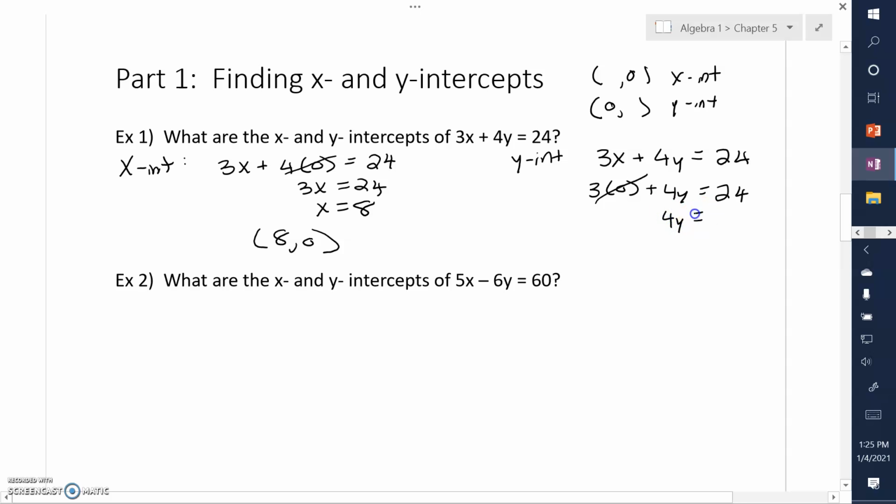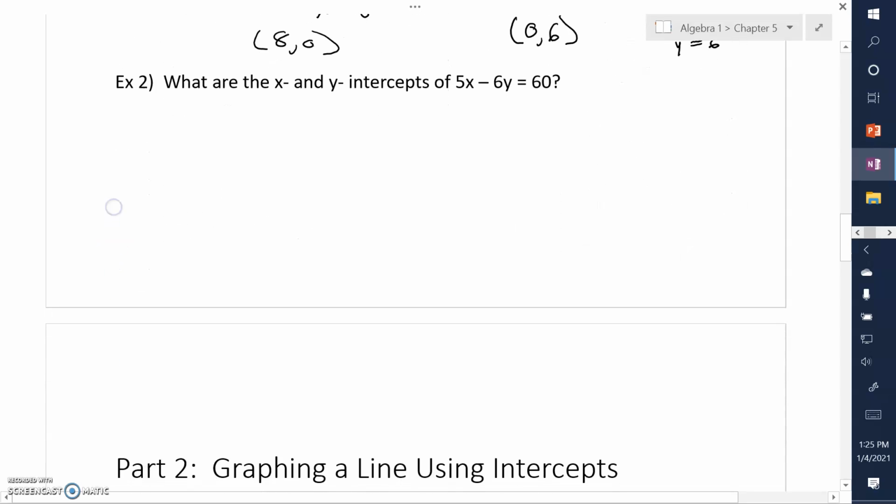I get 4y equals 24, or y equals 6. So my y-intercept is at the point (0, 6). I'm sorry, I said x-intercept, I meant y-intercept. So check it out. Very easily from the equation, I can get 2 points. That's going to be really useful in just a moment when we go to graph. Let's do another one just to make sure we've got this locked in.